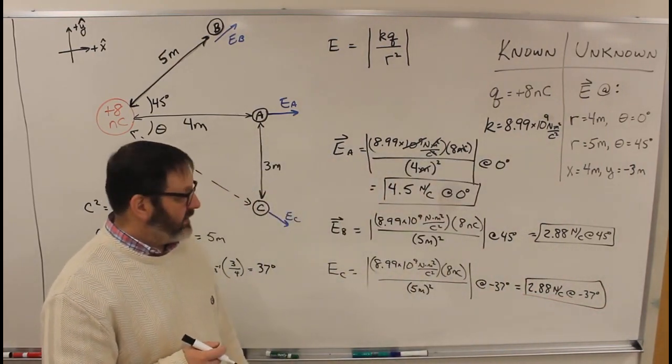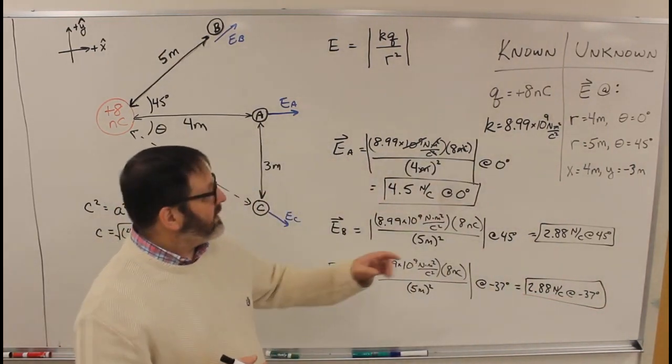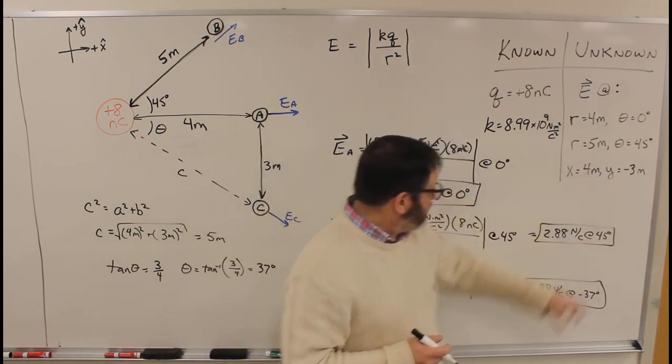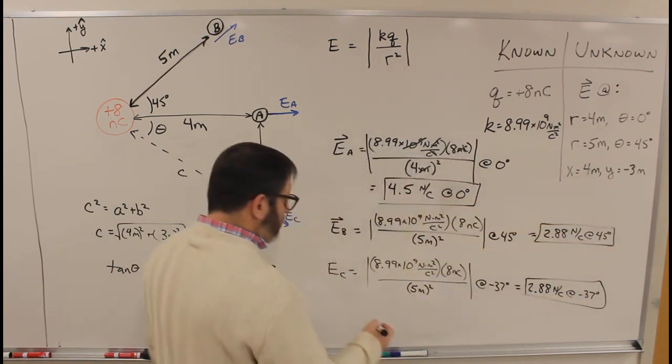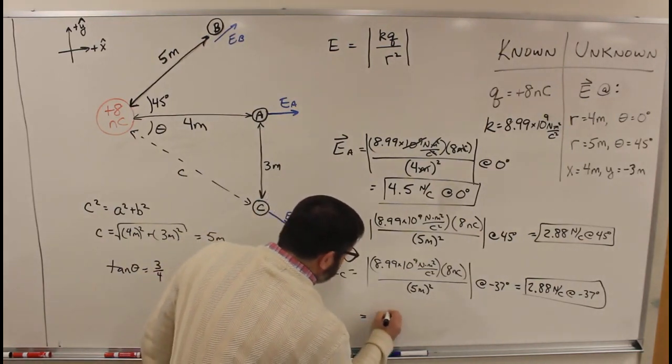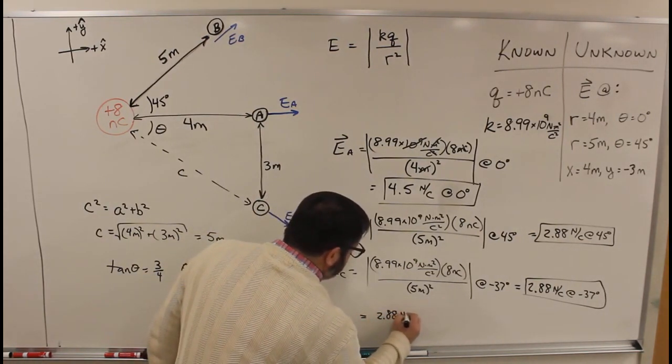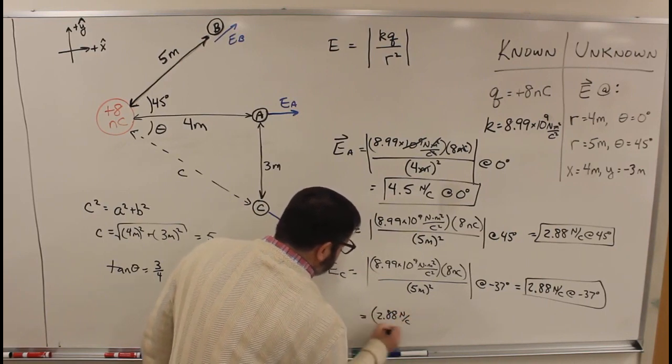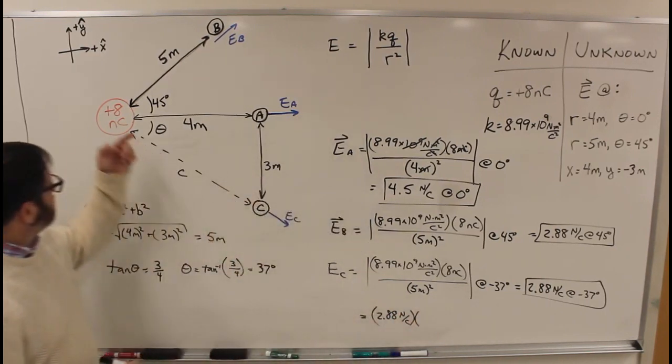negative 37 degrees. If we want to then break it back up into the x and y components, then we can do that. So this is 2.88 newtons per coulomb. Let's see.